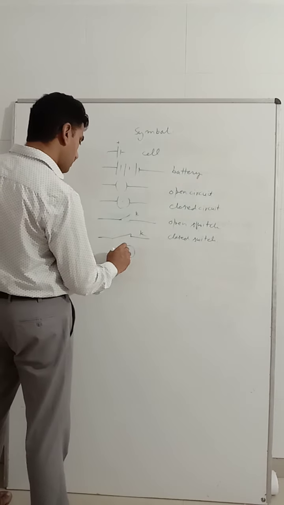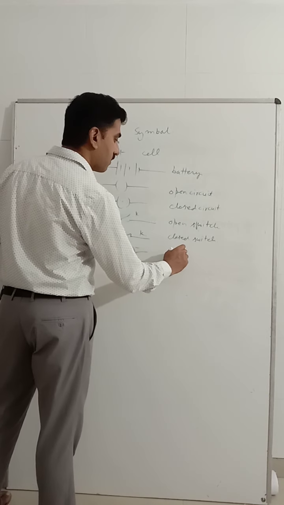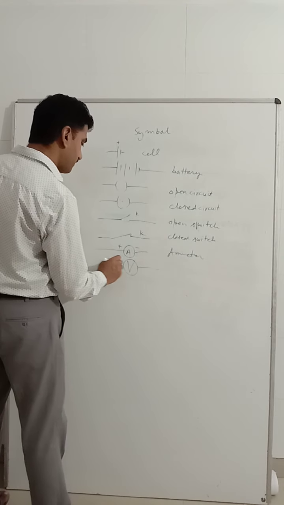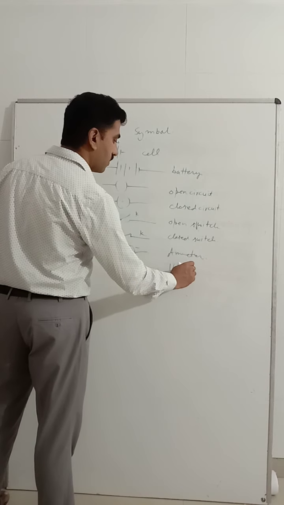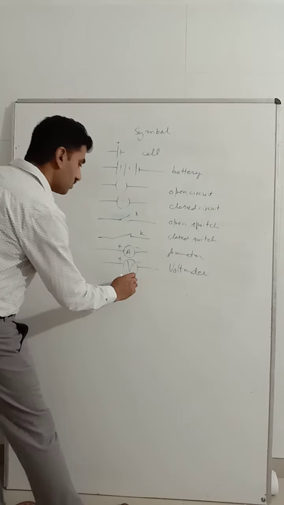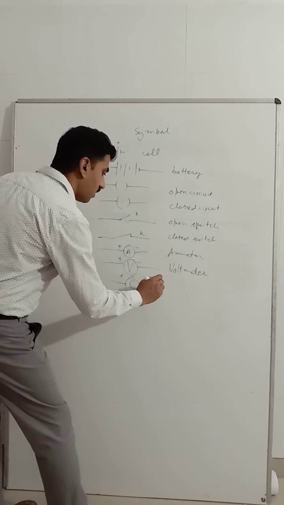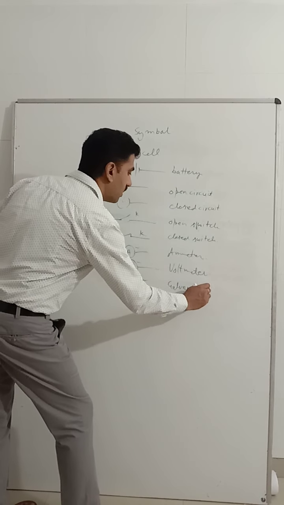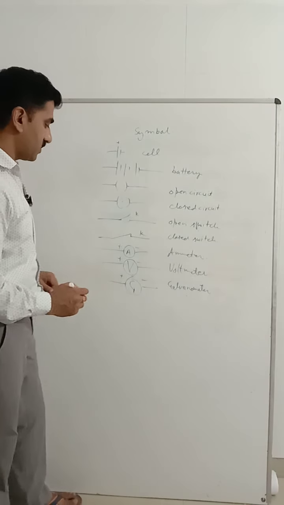So this is the symbol of your ammeter, and this is your voltmeter, which is used for measuring voltage, and this is your galvanometer, just to find the presence of current. This galvanometer can be converted into an ammeter as well as into a voltmeter.